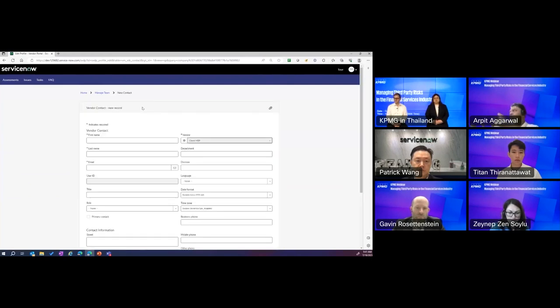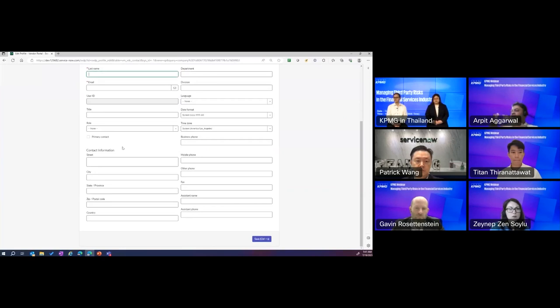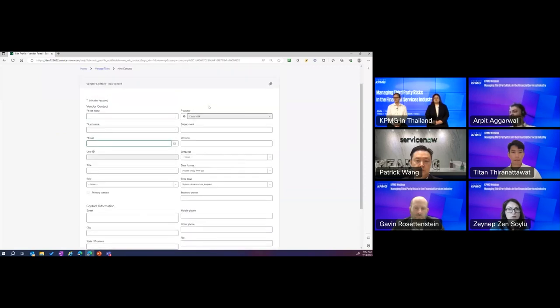For example, if they want to invite someone from the finance team to answer a certain set of questions, they can quickly create these vendor contacts, and an automated email notification goes to the vendor contacts based on the email specified, with the username and password to log into the system. So it's pretty easy, just normal user management, with the user being created by the vendor itself.